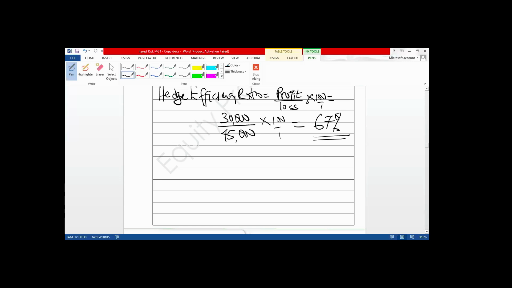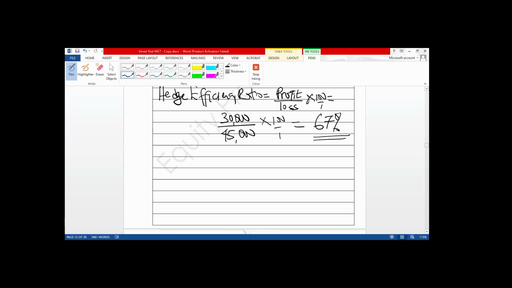Second thing is that at times you might not need to go through the steps, depending on how the question is framed.